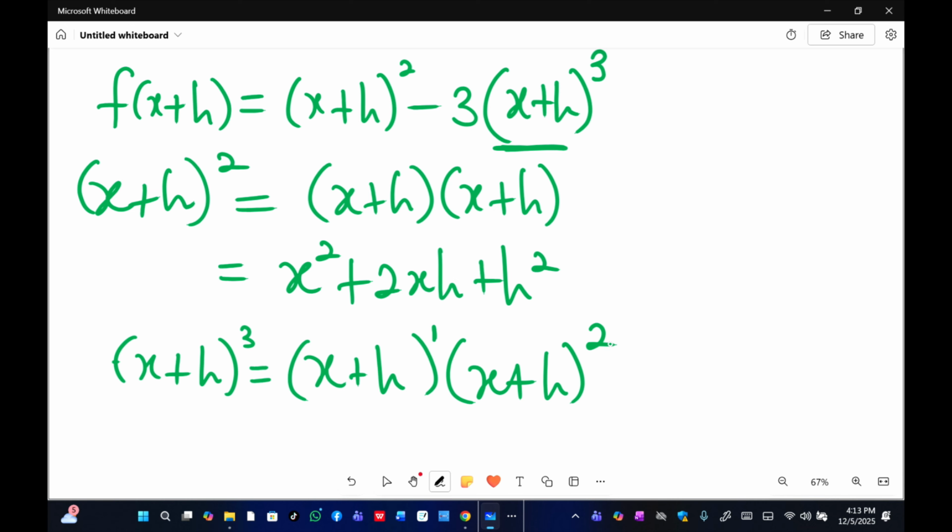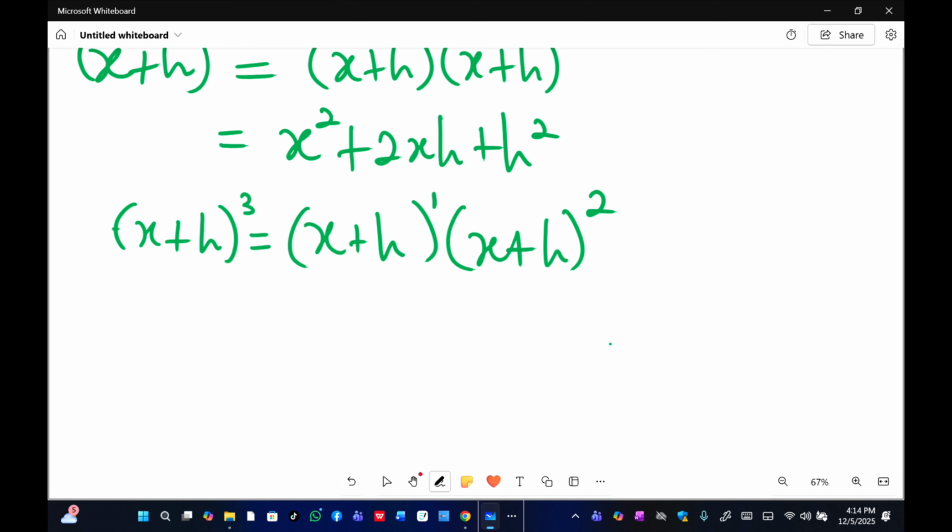So the law of indices says that when you are multiplying two exponential expressions with a common base, you need to just repeat one of the bases and add their powers. So this x plus h in bracket having a power of 3 is the same as x plus h in bracket multiply x plus h in another bracket squared.